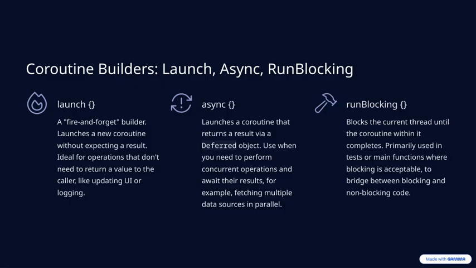It's mainly used in testing or in main functions where blocking is acceptable. Basically, when you need to bridge between blocking and non-blocking code. Understanding these builders helps us choose the right tool depending on whether we want to run something asynchronously without waiting, with waiting, or synchronously blocking the current thread.